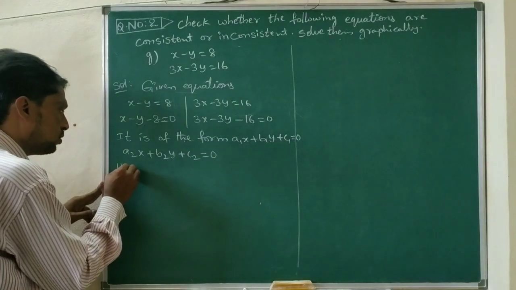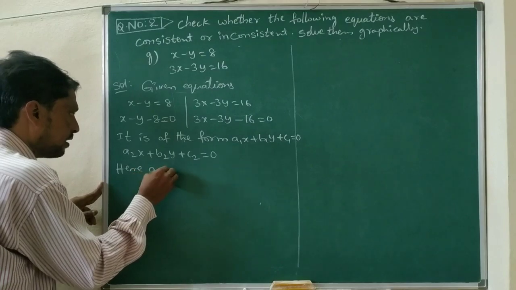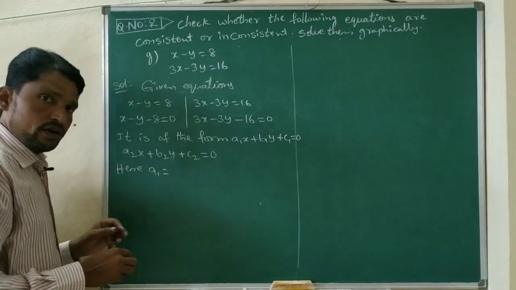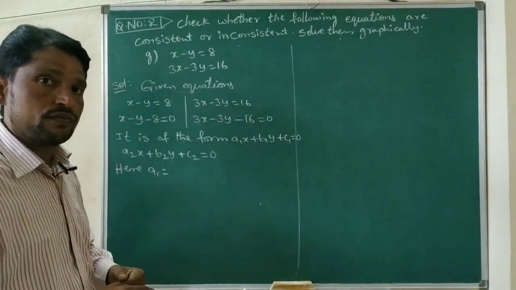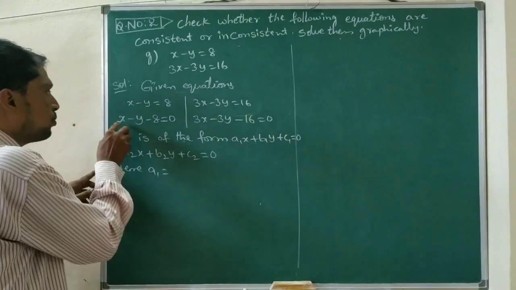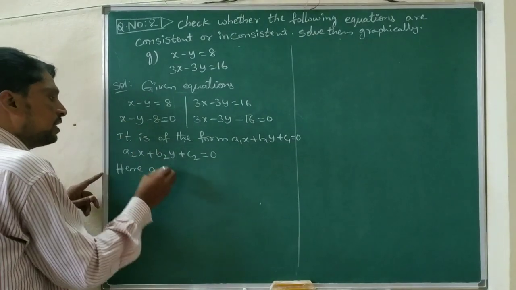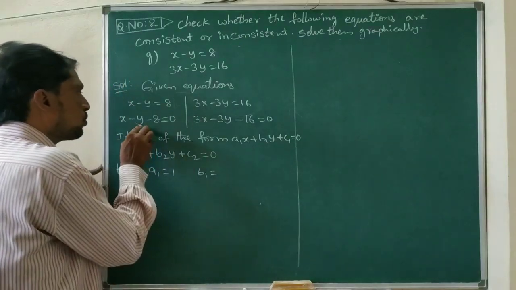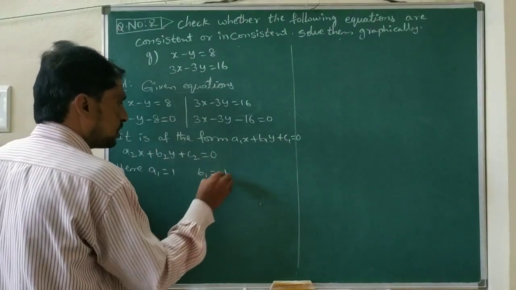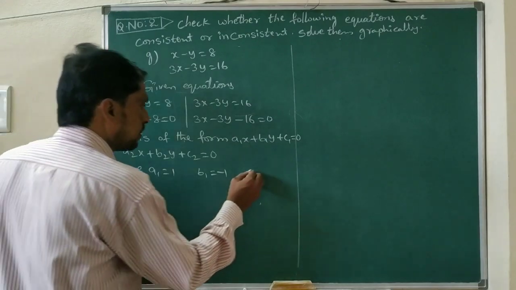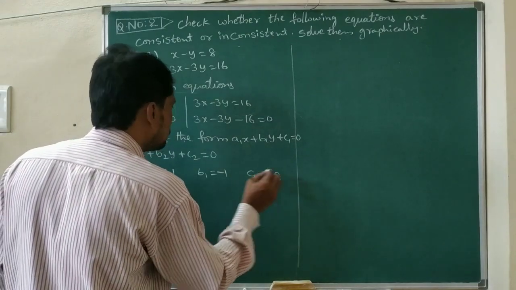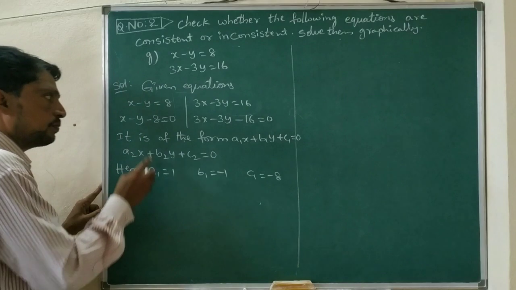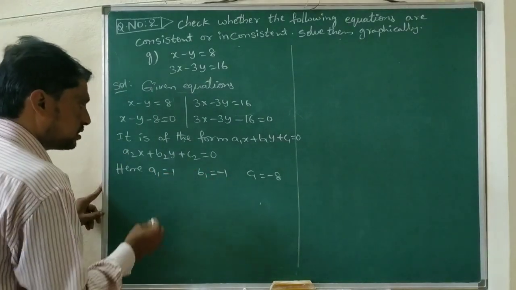Now here you can find a1. a1 means the coefficient of x in equation number 1. So this is equation number 1, and in this the coefficient of x is 1. b1 means the coefficient of y in equation number 1, that is minus 1. c1 means minus 8, which we also take from equation number 1, that is the constant.